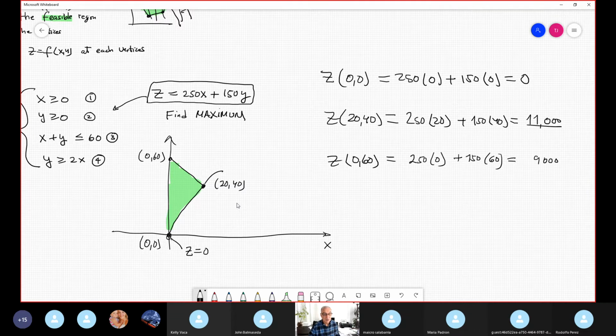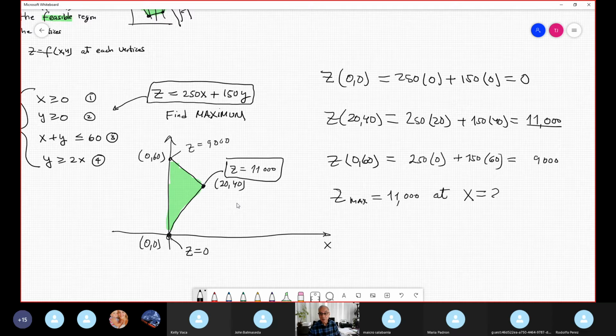The value for C here is 11,000. And the value for this is 9,000. It's obvious that the final answer of this problem is that C maximum is equal to 11,000 at the point x equals 20 and y equals 40.